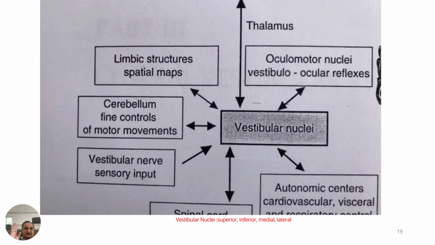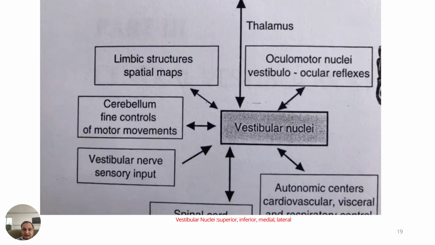Because the horizontal canal is stimulated, we know that the horizontal group of muscles will be excited by this impulse. If the vertical canals, the superior and the posterior canal, are excited, then rather than going to the abducent nucleus, it goes to the oculomotor and the trochlear nucleus, and then it supplies the superior oblique, superior rectus, inferior oblique, inferior rectus, and the corresponding eye movements are generated by the superior and the posterior semicircular canal.